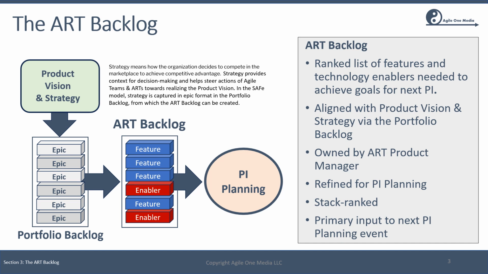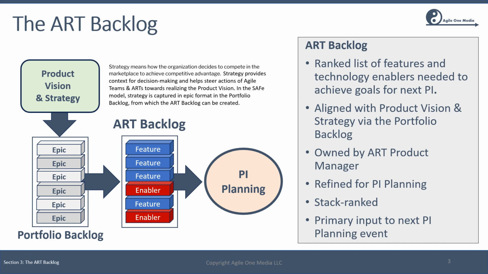In SAFe, then, the portfolio backlog items are referred to as epics, which are large initiatives representing major business and technical objectives, potentially requiring multiple PI time boxes to fully implement.